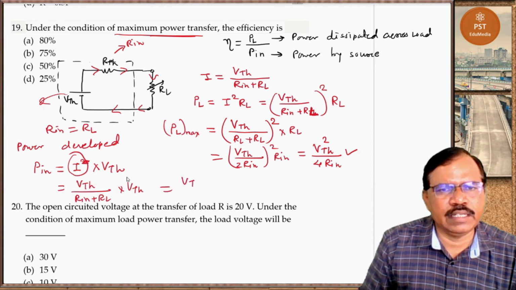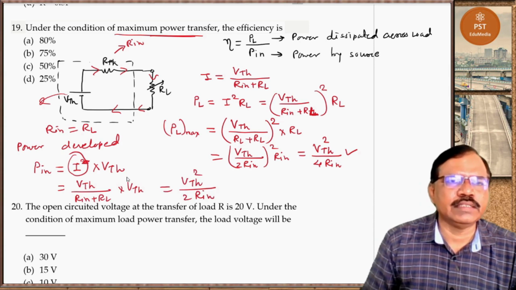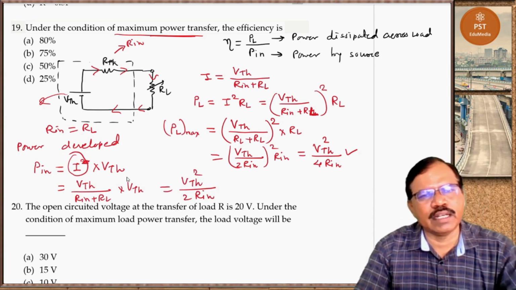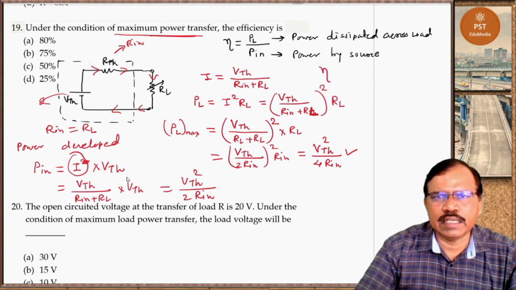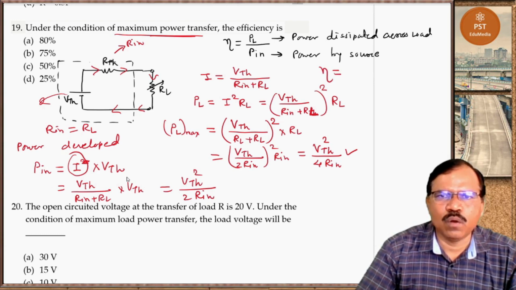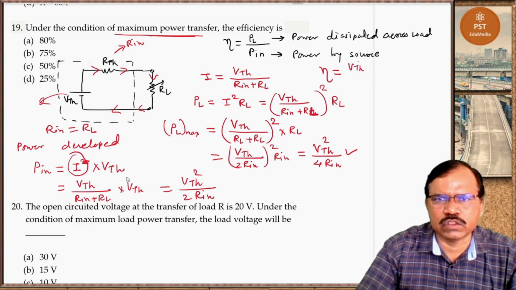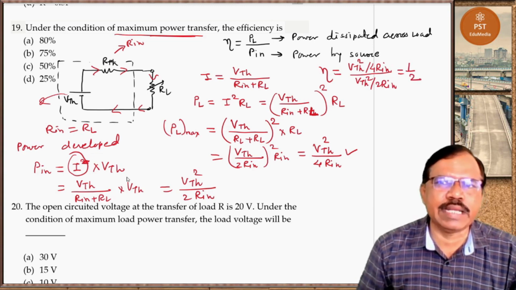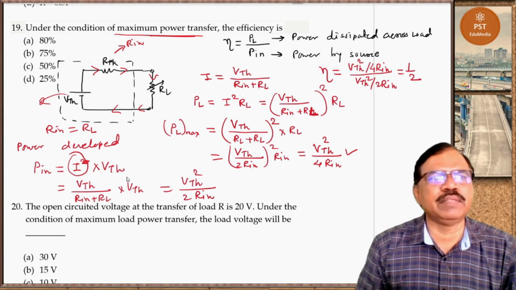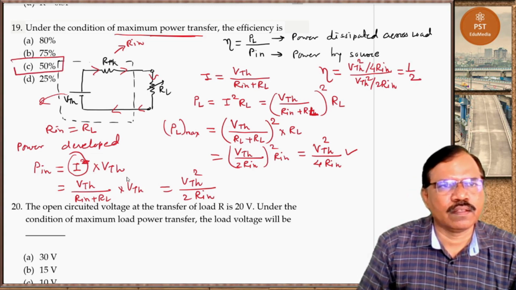So here VTH square upon 2 times Rin. This is the input power, current into voltage. So use here: eta is equal to output power, that is VTH square divided by 4Rin, upon VTH square divided by 2Rin. So eta is equal to 1/2. 1/2 means 0.5, and 0.5 means 50%. So this is 50%.